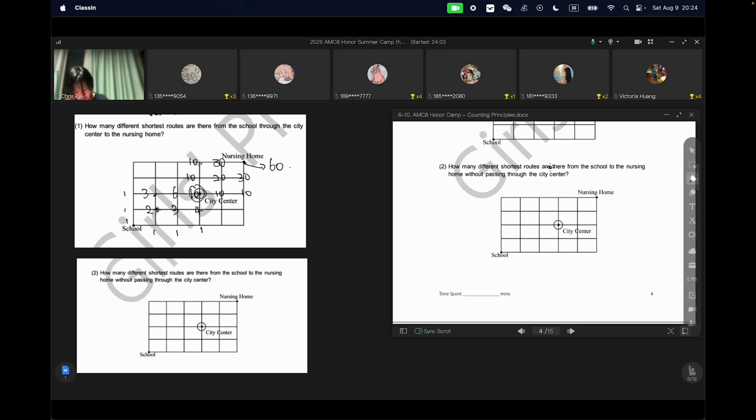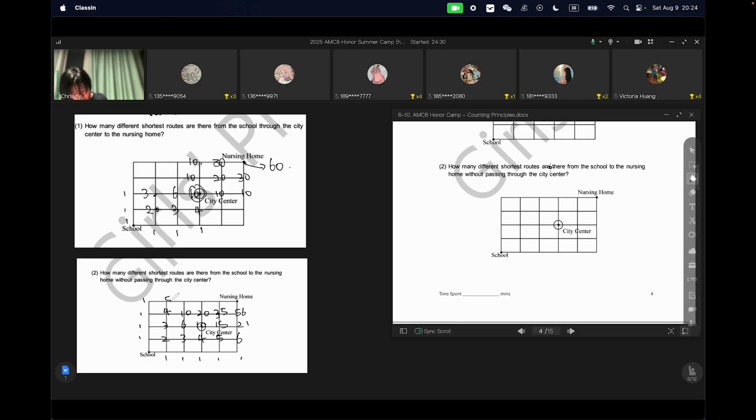So let's use the method that we used before. 1, 1, 1, 1, 1. Right here. And using the method, it will be 2, 3, 4, 5, 6, then 3, 6, 10, 15, and 21. Then 4, 10, 20, 35, and 56.